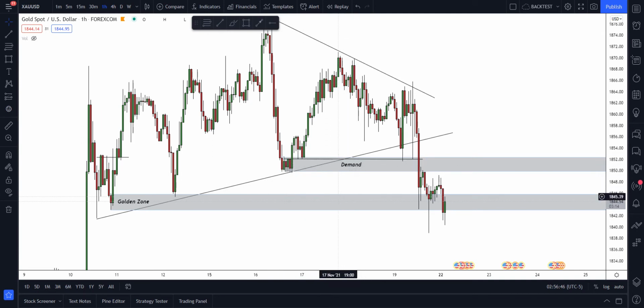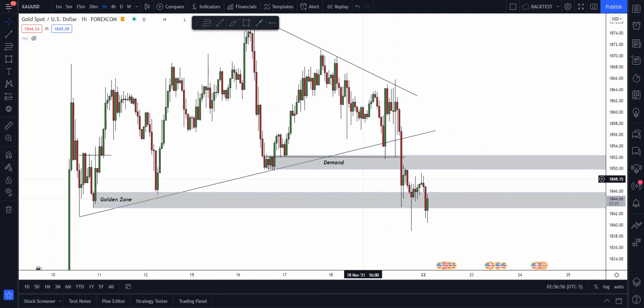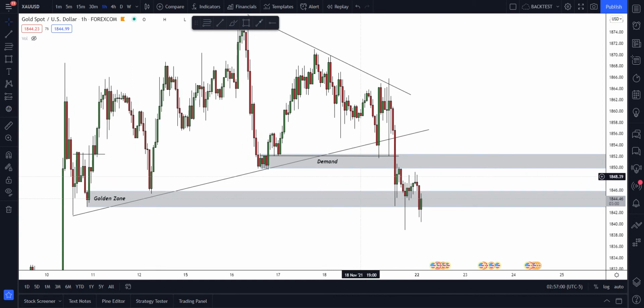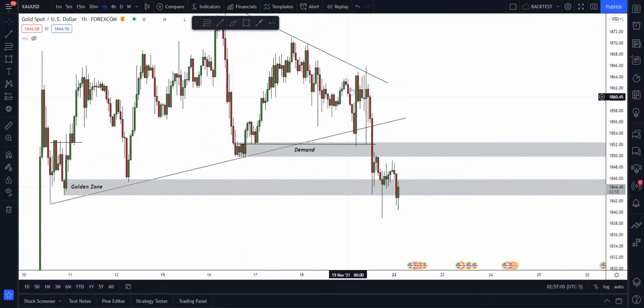Us supply and demand traders, we benefit from this, while breakout traders get caught up. That's the power of supply and demand. But at the same time, you have to be able to identify that zone too.